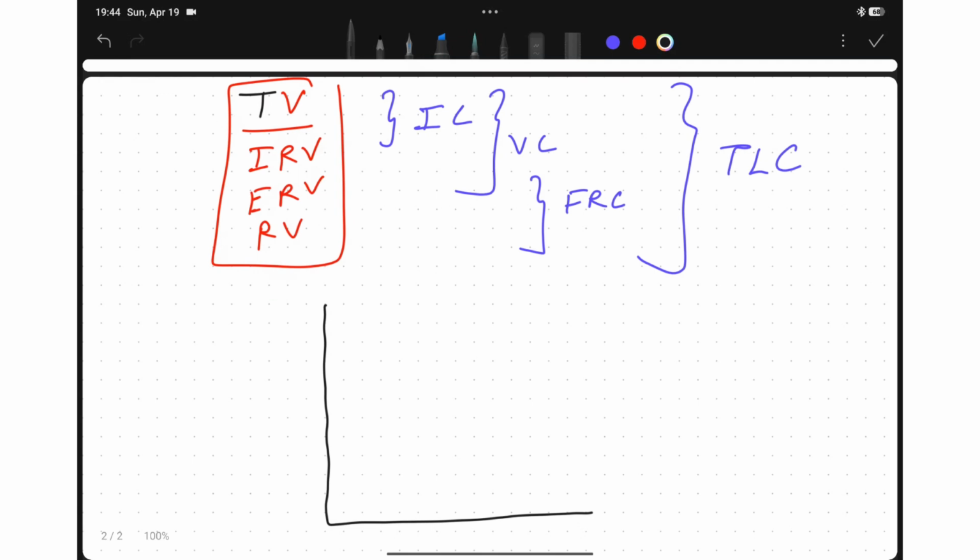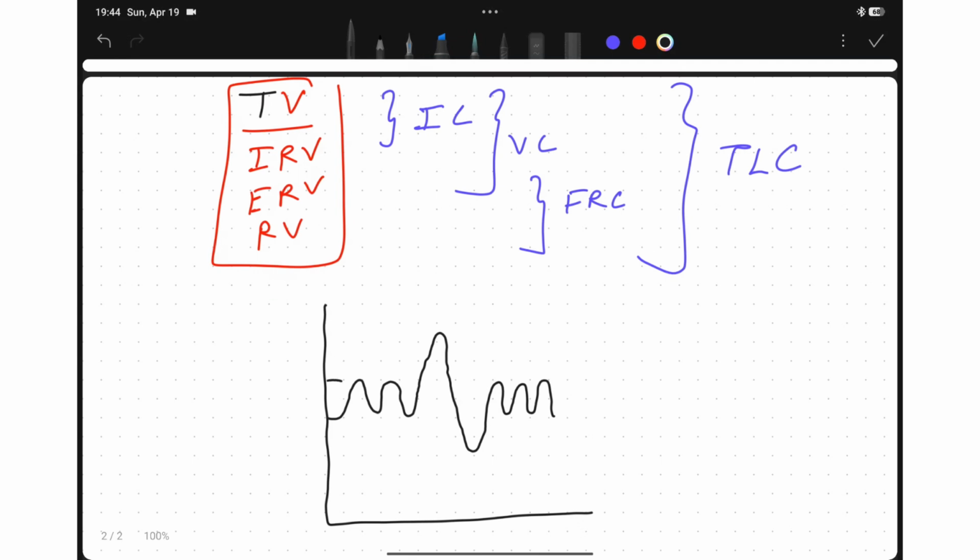The amount of air you breathe normally, that is normal respiration, is tidal volume. Then, a forceful inspiration followed by a forceful expiration, and then again a normal value.